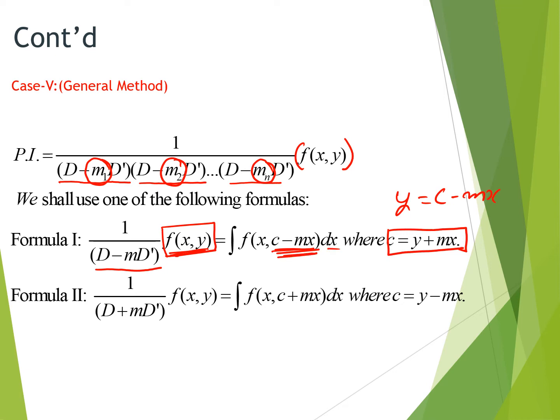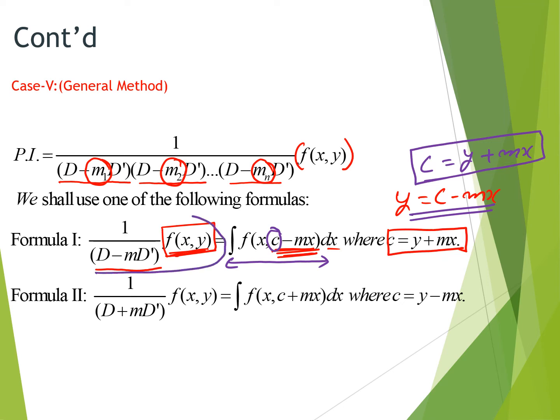After integrating, we have a term which includes the constant c, so we have to replace c. From y equal to c minus mx, we evaluate c is equal to y plus mx, and we replace c with y plus mx, and we get the PI for this portion.